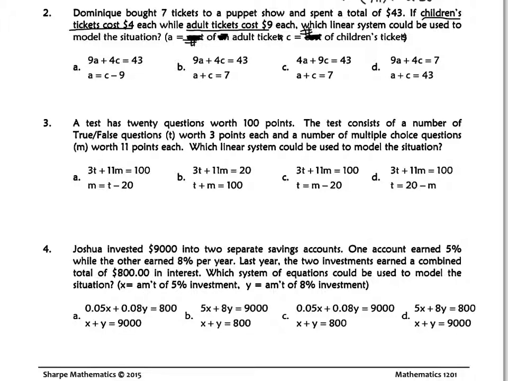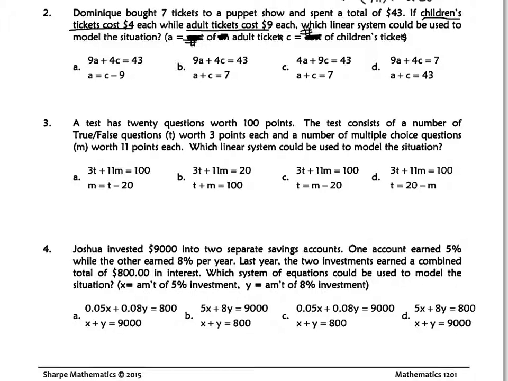The cost for children's was $4, and the cost for adult tickets was $9 each. So if we have to come up with equations to relate this information, we know that Dominique bought 7 tickets. So one equation should be A plus C equals 7.